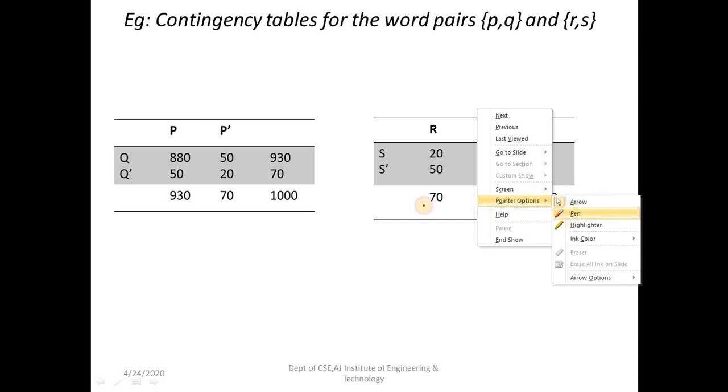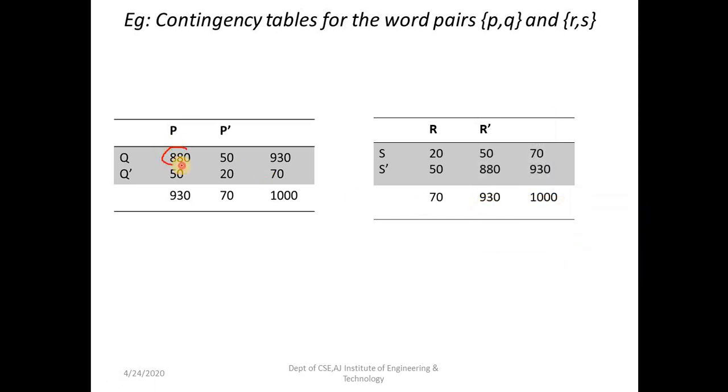Now this is F11, the frequency of occurrence of both P and Q. This is F00, where both P and Q do not occur. Now this is F01, the frequency where P does not occur and Q occurs. This is F10.